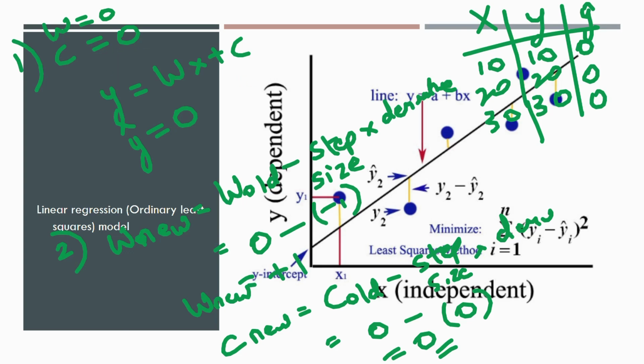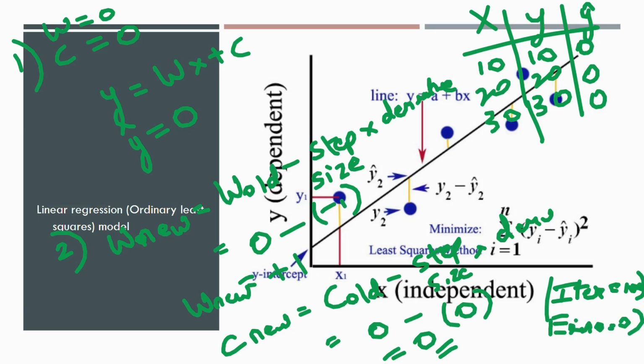In the next iteration the weight is modified if there is an error, and this continues for some iterations. Either the iterations are fixed, maybe 100 iterations, or maybe the error is reduced to 0.